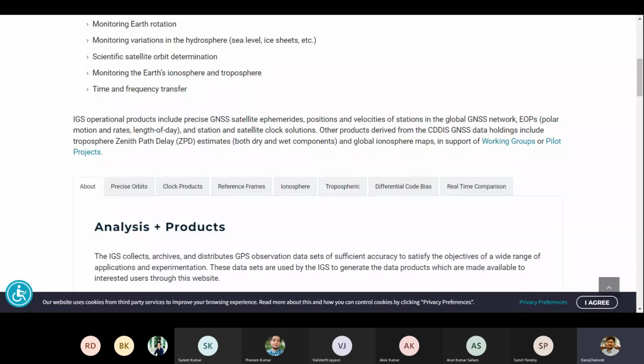So it is precise orbit. IGS collects, archives, and distributes GPS observation datasets of sufficient accuracy to satisfy the objectives of a wide range of applications.